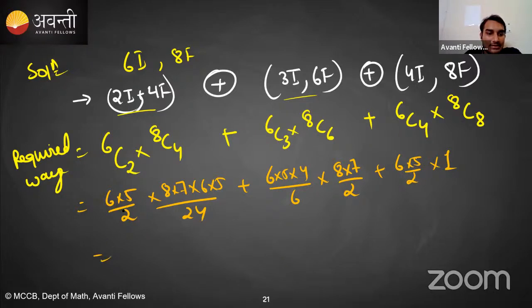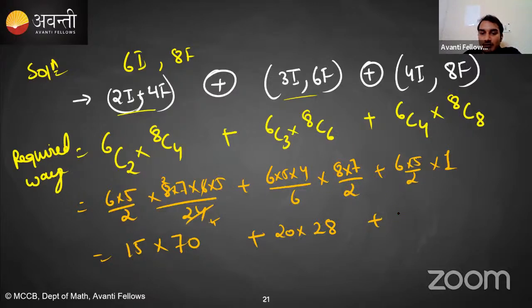How much did it come to? Clearly this is 15 into 70, plus 20 into 28, plus 15.